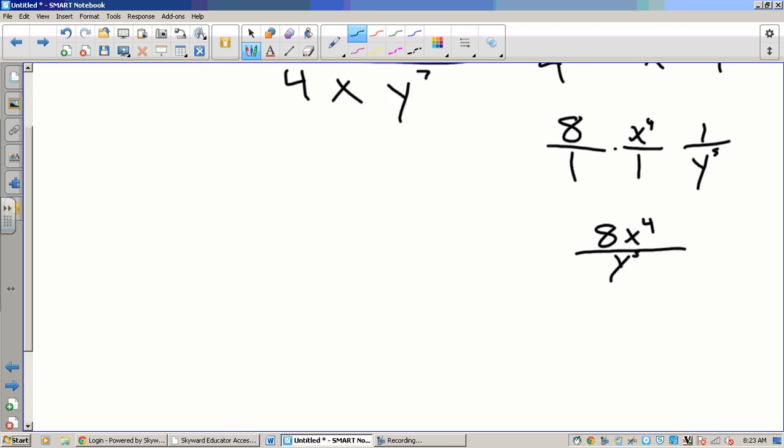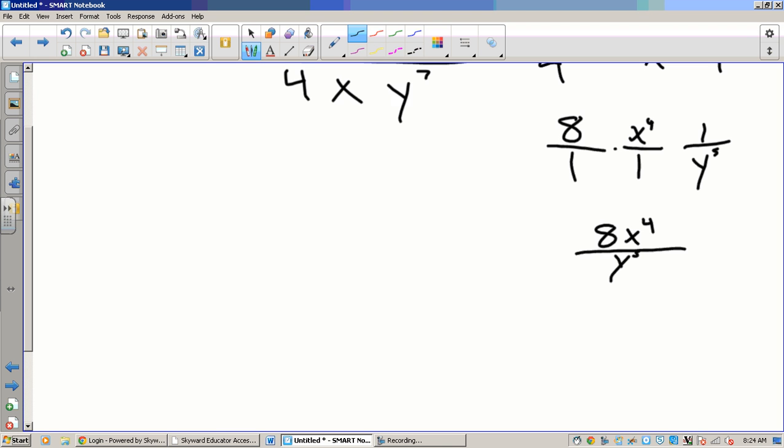If there's nothing but 1's in the top, you have to write that 1 there. So this is 8x to the 4th over y to the 5th. What's our excluded value, or values? Well, 0. Anything times 0 equals 0, so good.